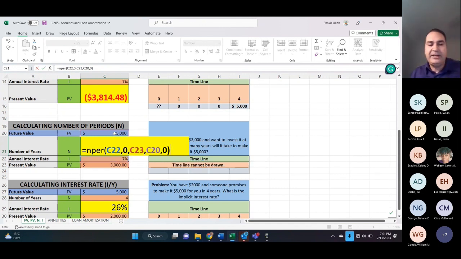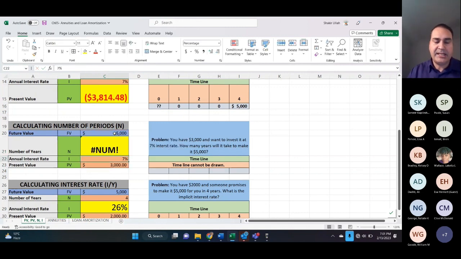Now if I enter it, it will give me an error. Okay, let's see why it gives me an error. You see that #NUM means that I've got something wrong in my formula. The reason that it gives me an error is that I have given it the present value and future value both as positive numbers.